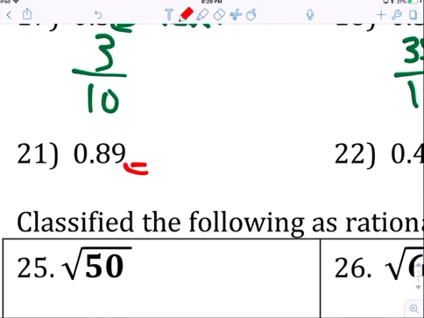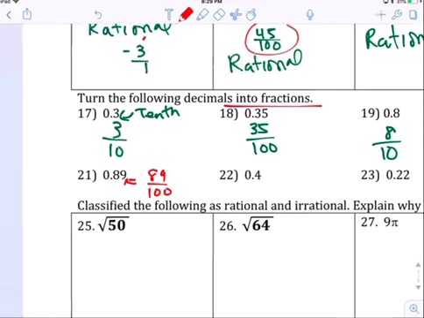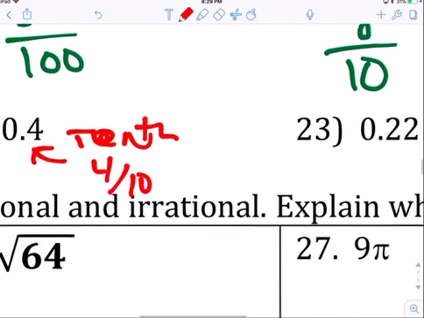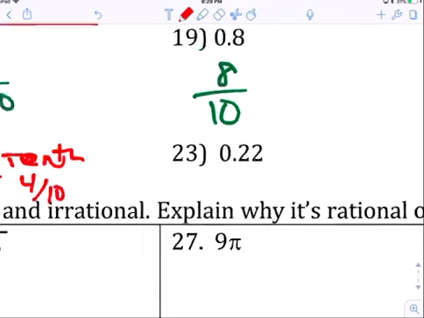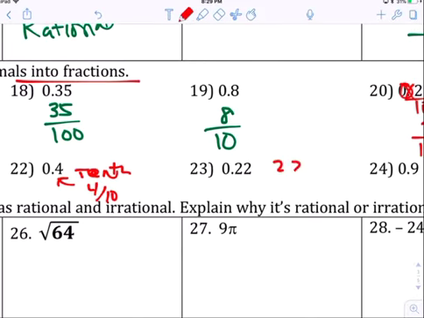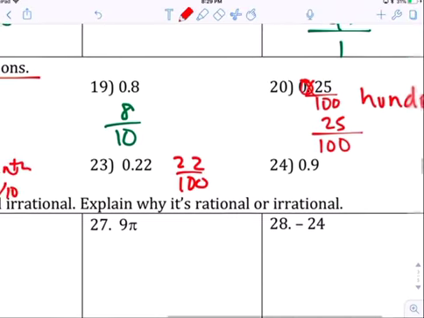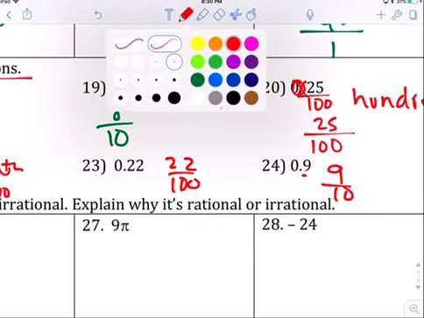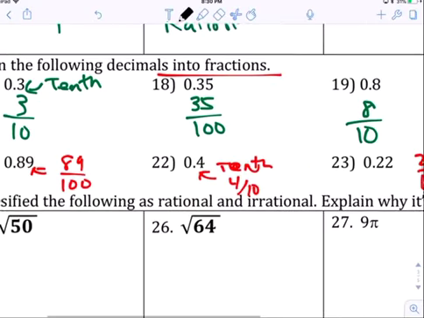This is in the 100th place, so it's 89 over 100. This is in the 10th place, so it's 4 over 10. This is in the 100th place, so it's 22 over 100. This is in the 10th place, so it's 9 over 10. The only problem with all of these is I didn't reduce.